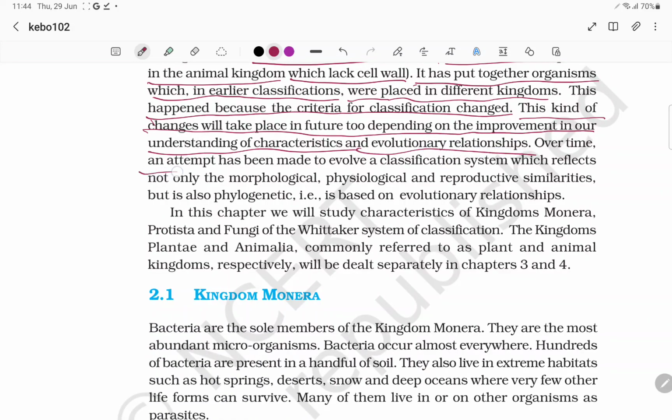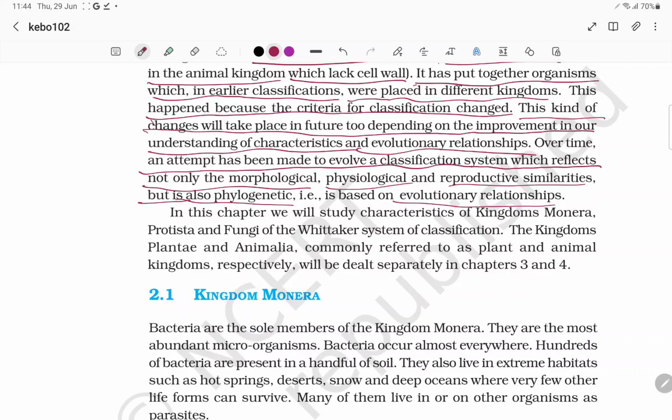Over time, an attempt has been made to evolve a classification system which reflects not only the morphological, but also the physiological and reproductive similarities, and also the phylogeny, that means based on the evolutionary relationship.